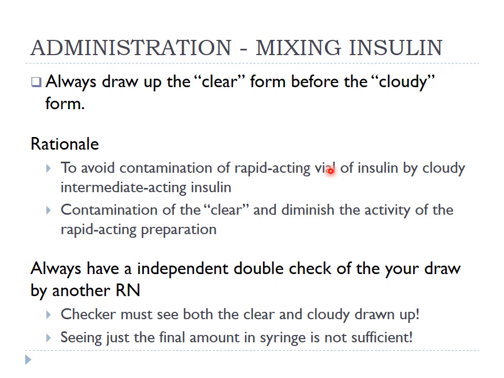What am I injecting myself with? If it's contaminated, I'm injecting an unknown portion of NPH that is going to onset later. I think I'm injecting exactly the right amount of insulin for my meal, for my blood sugar that's going to spike in an hour.